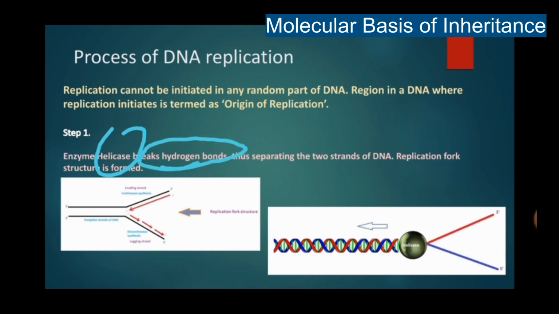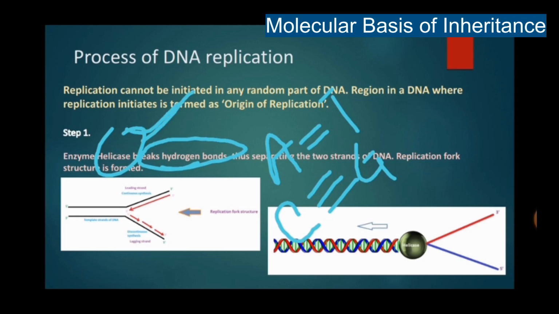For example, adenine and thymine are connected with a double hydrogen bond, and similarly cytosine is connected with guanine with a triple hydrogen bond. All those hydrogen bonds are broken by the helicase enzyme, right?